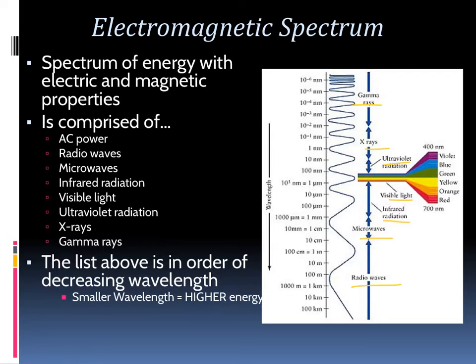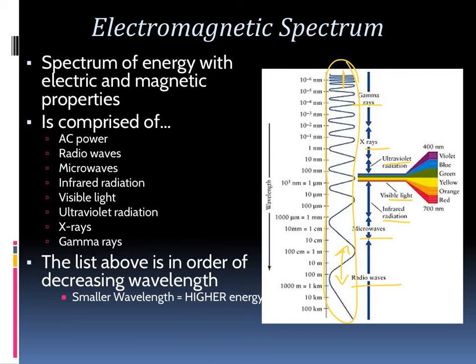So when we're looking at the waves, make sure you keep an eye on this particular column here that I just circled. The lower energy waves have really long wavelengths, so the waves are really spread out. Higher energy waves have a shorter wavelength, which means they're a lot closer together. So the highest energy waves are gamma radiation, the lowest would be radio and microwaves.